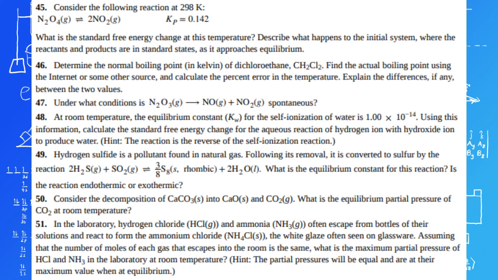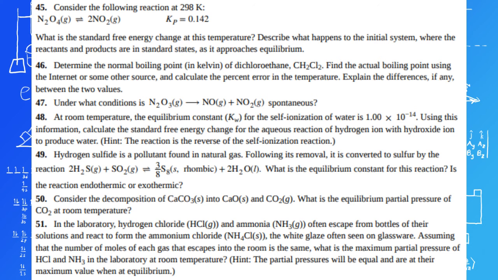48. Using this information, calculate the standard free energy change for the aqueous reaction of hydrogen ion with hydroxide ion to produce water. Hint, the reaction is the reverse of the self-ionization reaction. Yeah, you can do that.